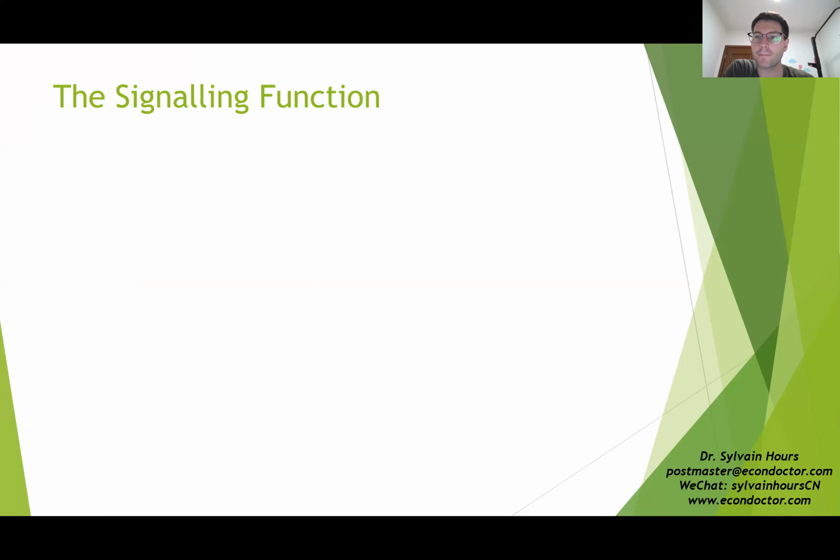The first function, the signaling function, is all about information. A signal is an information. That's it. So the idea behind the signaling function of the price mechanism is simply that prices give information to buyers and sellers.